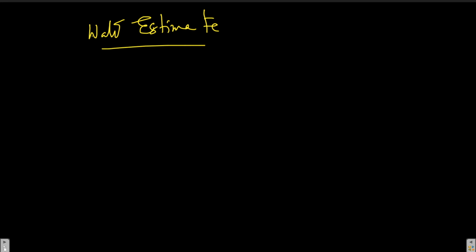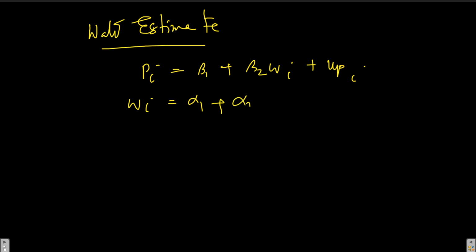So here, let me write down the equations again. Let me write down Pi is equal to beta 1 plus beta 2 Wi plus UPI, whereas my Wi is equal to alpha 1 plus alpha 2 into my Pi plus alpha 3 into U, and then finally there is an error component, UWI, let's say.